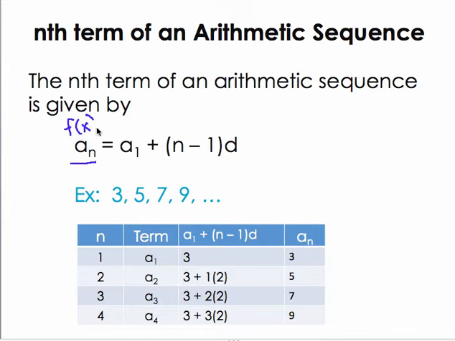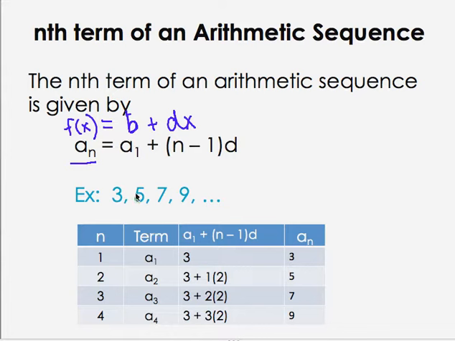A sub n is f of x, or y, is equal to a sub 1, and in that case, really, that's b, that's our starting point, plus the term before and the slope, and the term before is x, actually, so kind of like dx, where d is kind of like the slope. If that doesn't make a lot of sense to you, don't worry. I think the further we get into it, it will make more sense.